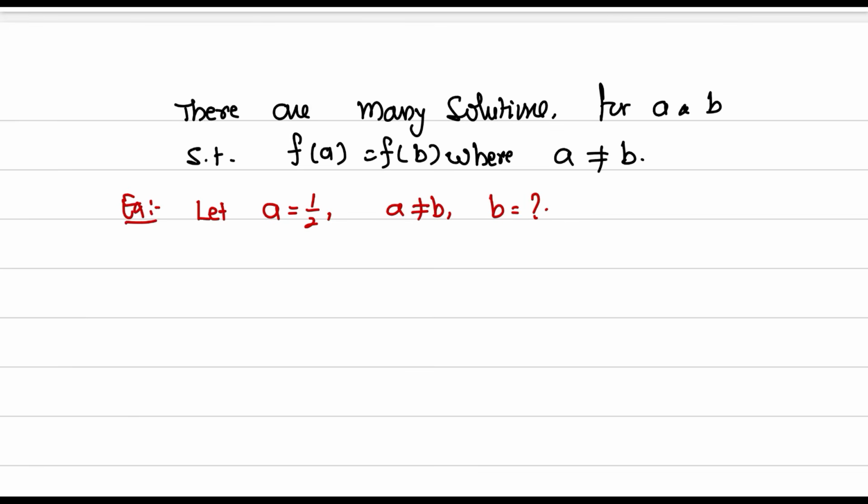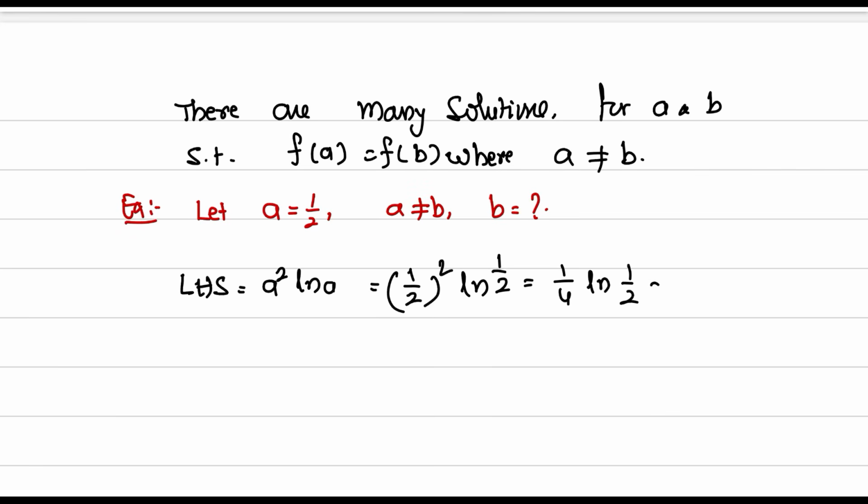Left hand side is equal to a square ln a, which is equal to 1 by 2 whole square into ln 1 by 2, sorry, a is equal to 1 by 2. That is equal to 1 by 4 ln 1 by 2, which is minus 1 by 4 ln 2. This is left hand side. Whereas right hand side, I am not telling a is equal to b because we are not considering it.